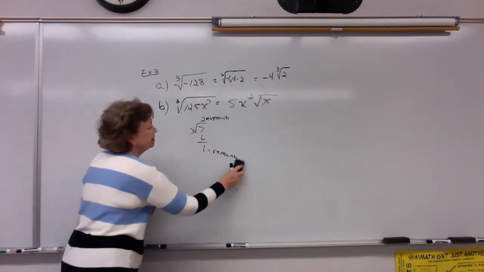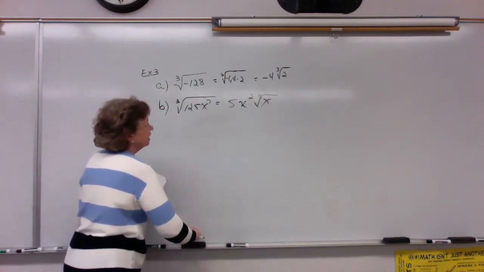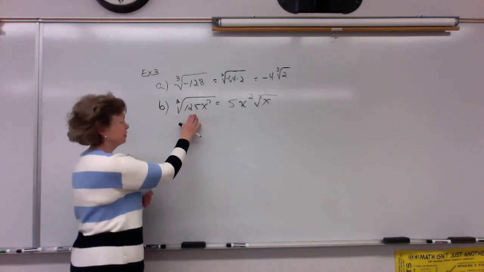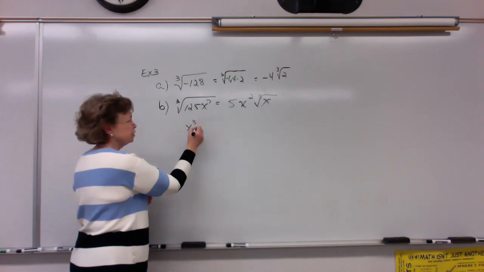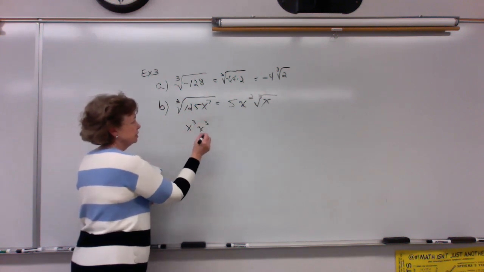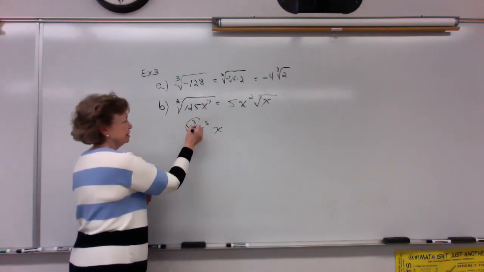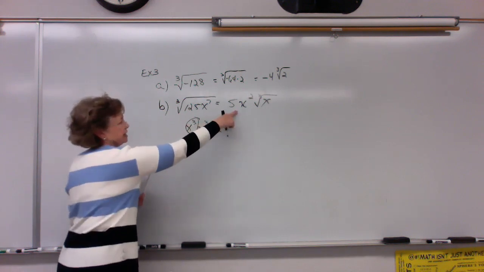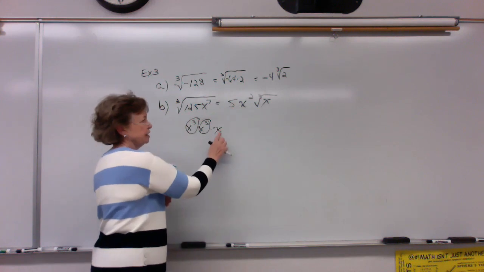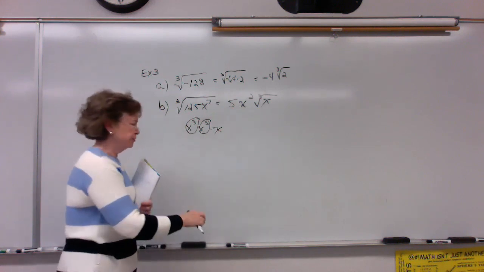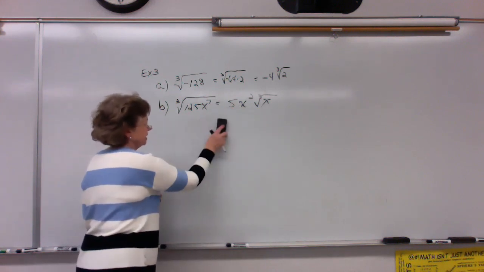Or if we don't like that, you can always divide by primes. I hope we don't have to do that for 125. So maybe that's 5. And x to the 7th, think of that as x cubed times x cubed times x. There's a group of 3, so I have an x that comes out. There's another group of 3, x times x squared, and an x left underneath the radical. That was the B example.